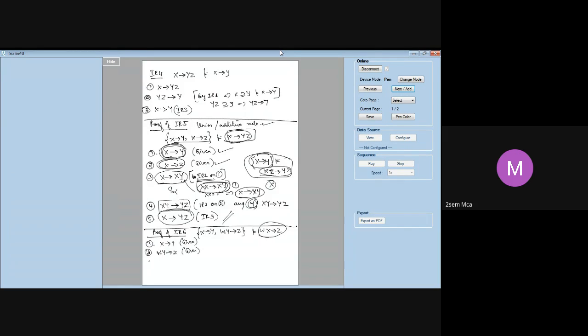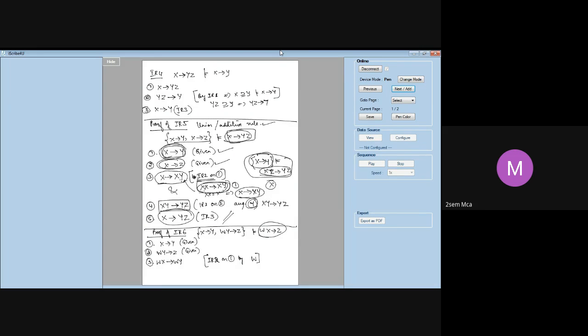Okay. Now, I will apply IR2 on the first one by augmenting it with w. That means I am going to add w on both sides. Then I will get wx determines wy. Right?